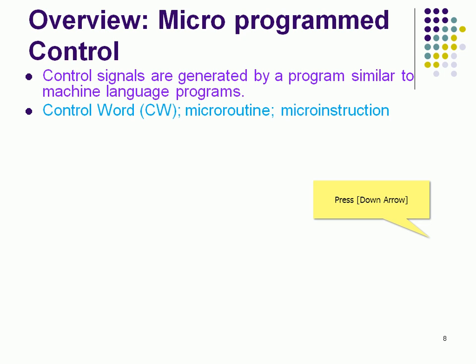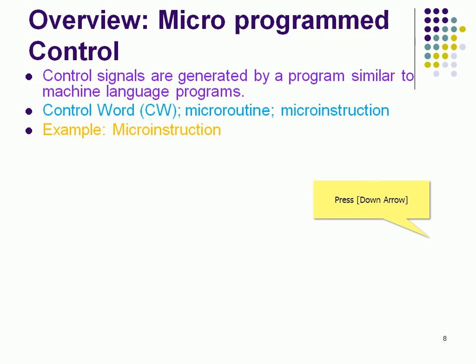Micro routine: the set of control words or control signals put in a basket or routine is a micro routine. Micro instructions: each control word represents a micro instruction. Let us see an example of micro instructions.